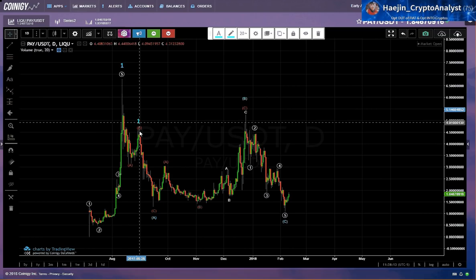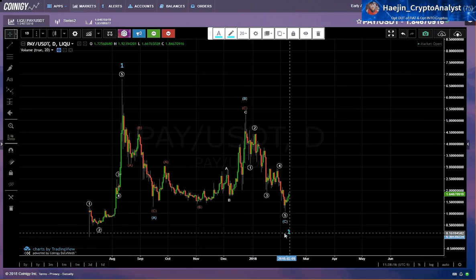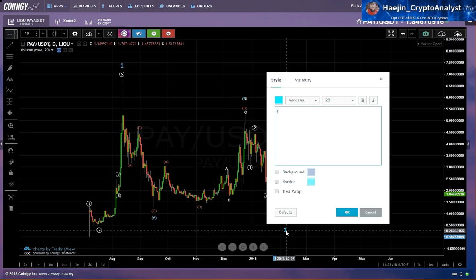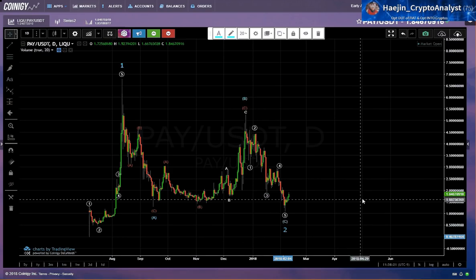And this whole ABC, very long correction, becomes higher degree wave 2.